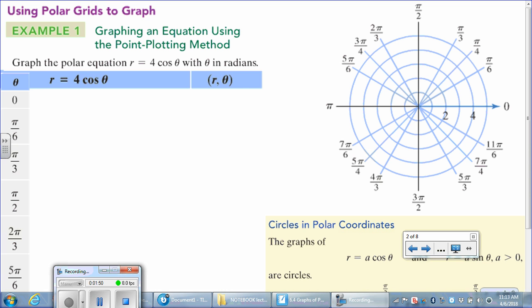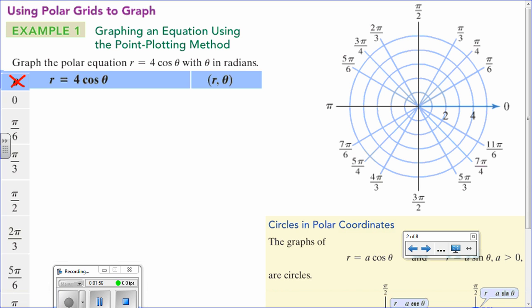In rectangular coordinates, you're usually given x, and then asked to find y, correct? You substitute x, the independent variable, and find y. In this case, theta will be our independent variable, so we're going to be substituting the angle in for theta.